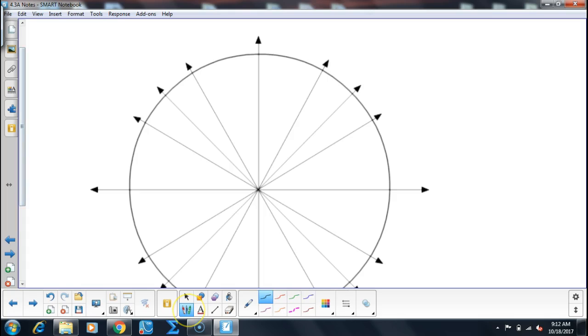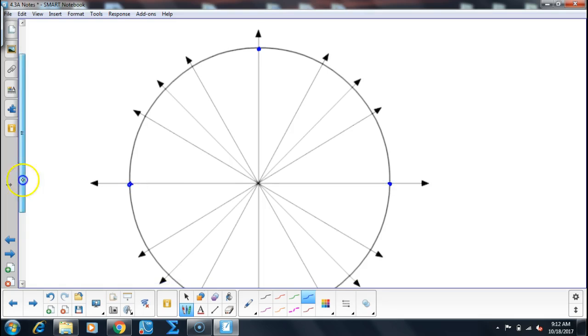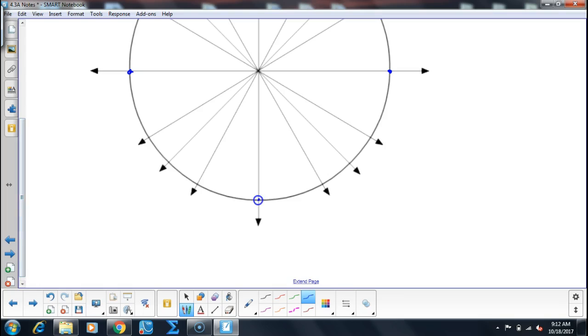We said that we had that point, that one, and this one down here. So I'll start down here. That was the point (0, -1), which also was 270 degrees or 3 pi over 2 radians.